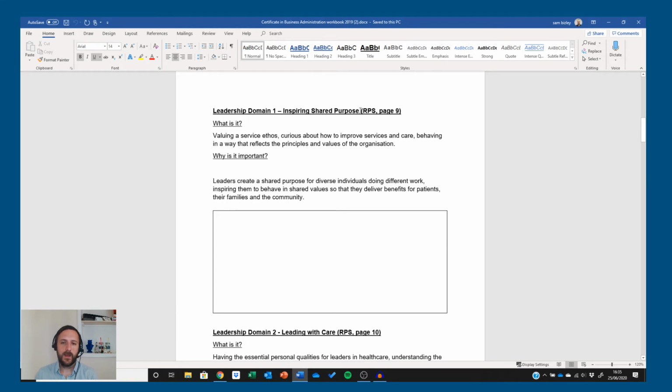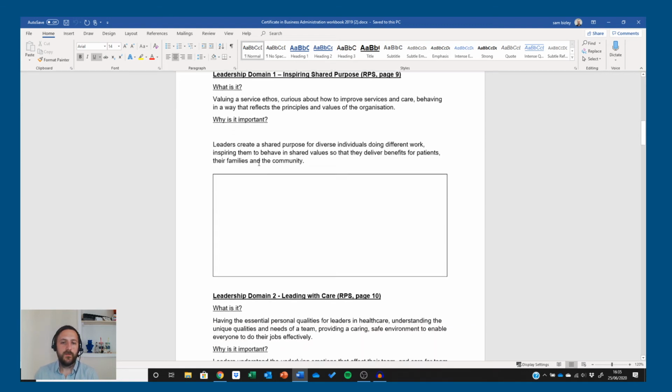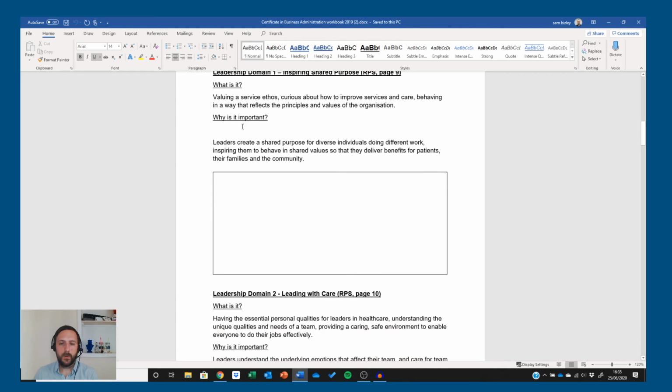So how can you working together, so having a shared purpose, help with improving the service or care that you can give as a pharmacist, as a pharmacy team. So I've tried to link about why it's important as well. There's a quick definition in terms of why it's important. So you don't need to answer these questions. These are the definitions that are given within the framework.